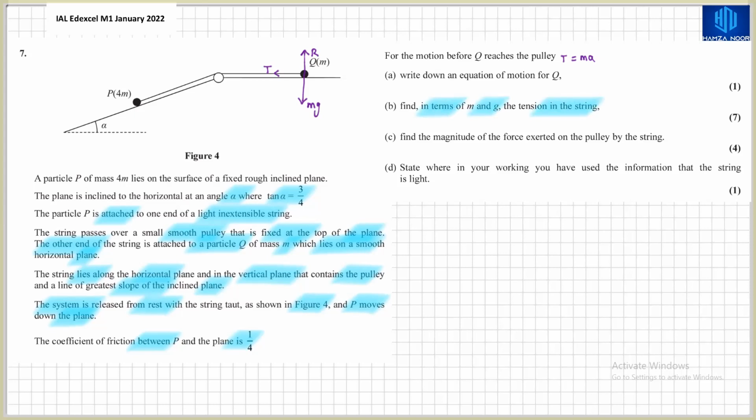So now if we consider the forces which are acting on the particle P, as we know the mass of the particle P is 4m kg, so weight is acting vertically downwards, 4mg Newton. And here we would have the components of the weight which are acting perpendicular to the plane and along the plane. So first of all, this angle would be alpha.